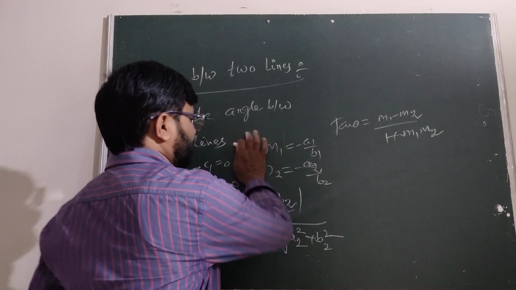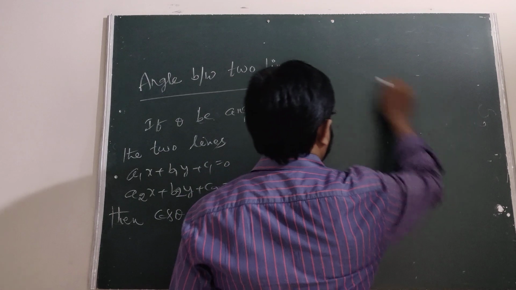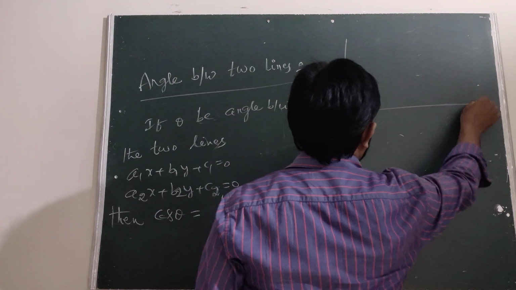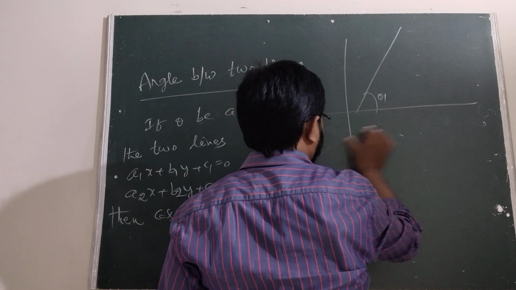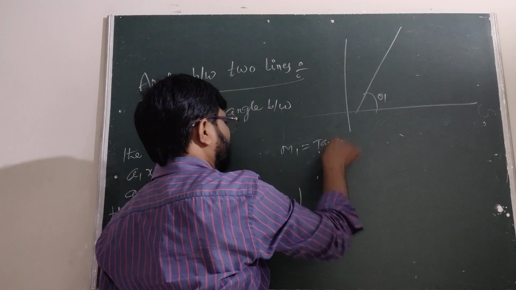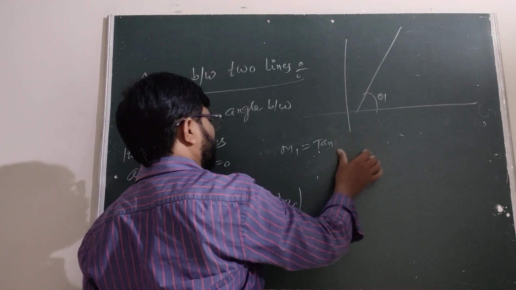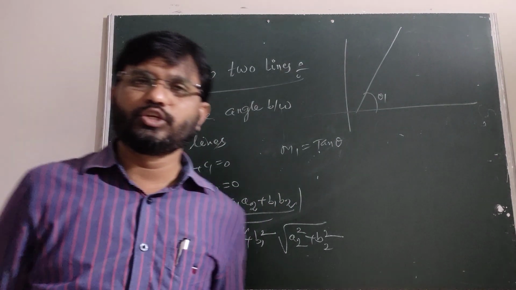And another method is when we are taking the first line, all of you listen here. Suppose the first line is this one, making an angle theta 1. Therefore, m1 equals tan of theta 1. We have to know that theta 1 lies between 0 to 180.